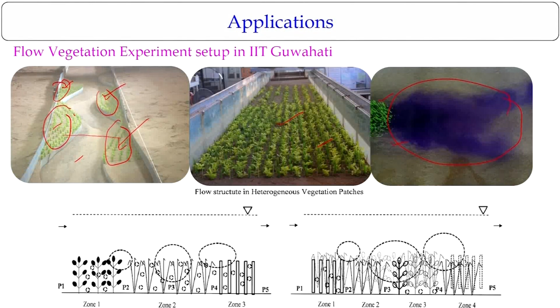I am not going into much detail on that, but if the flow is in submerged conditions and you have roughness like this, there are vortex and eddy formations, and you can get the strength of the eddy formations. That is what we got by conducting a series of experiments in this flow as well as this flow.